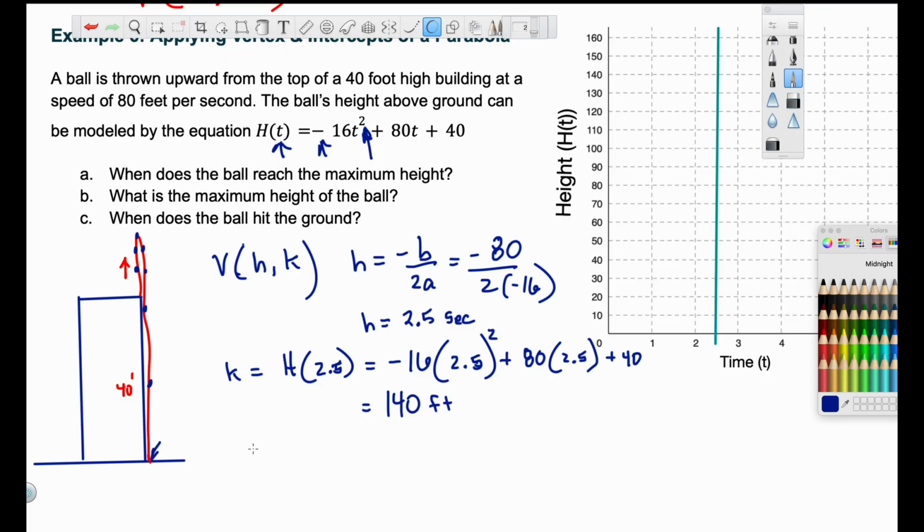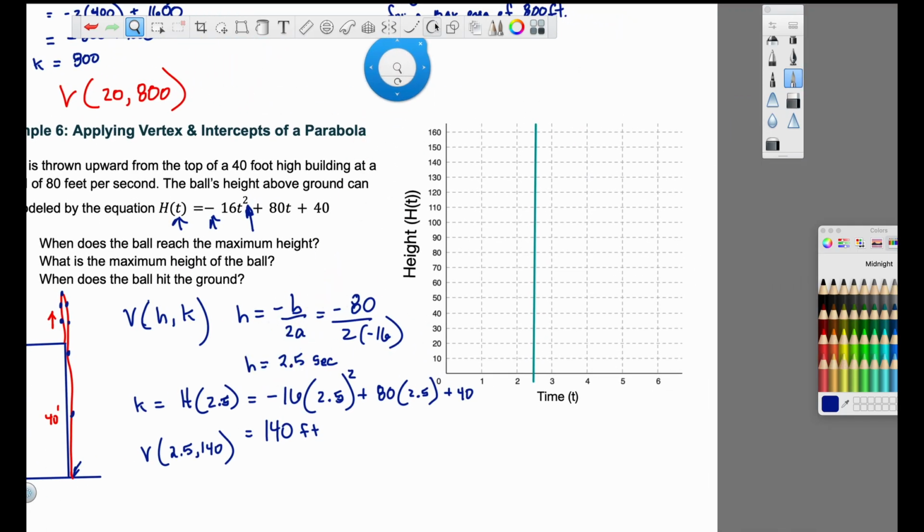Okay, so I got my vertex. My vertex is going to be 2.5, comma, 140, right here. So this is our max.